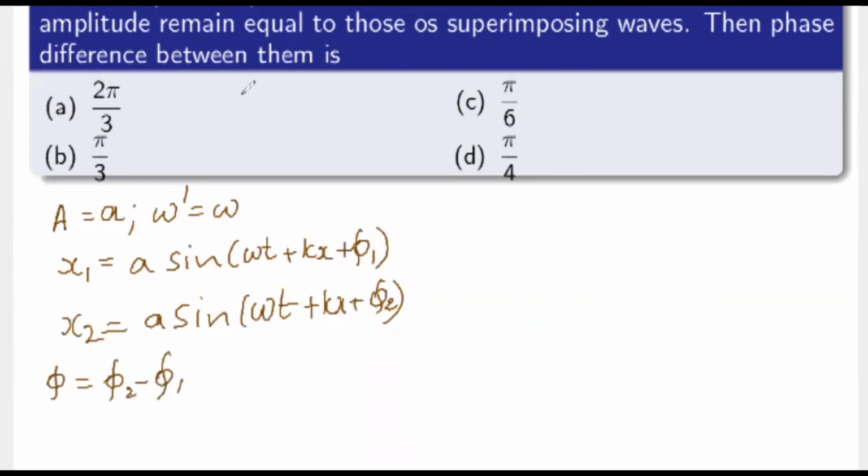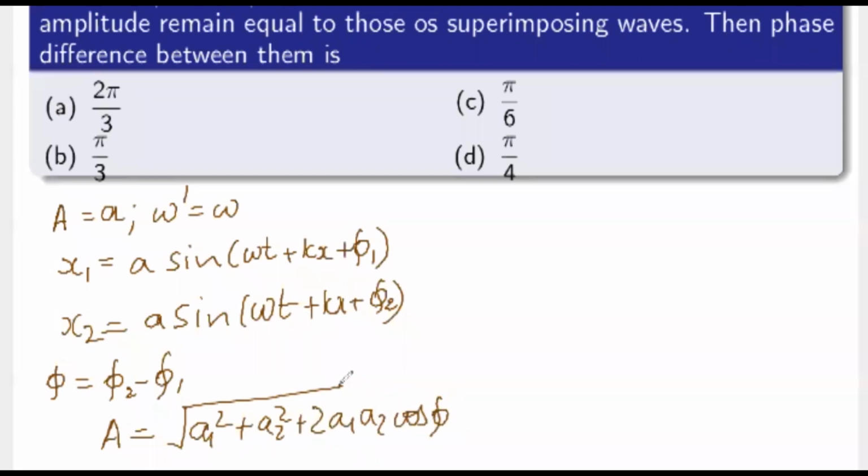But how does the resultant wave look? It also has the same amplitude. Therefore, what is the amplitude of the resultant of these two waves? Amplitude A equals square root of a1 squared plus a2 squared plus 2 times a1 a2 cosine of the phase difference between the two waves.